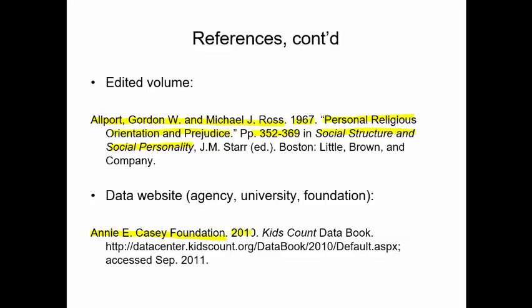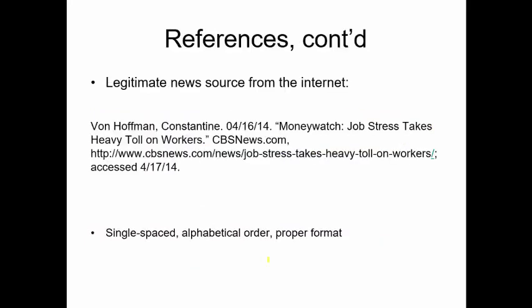But once again, the year that information was published on that website, the title of that page, and then this is the only place where you'll actually need a web link, because you will not need a web link for your peer-reviewed academic journal because it's located in the library database. We will not need a web link for that. But if you are coming straight from a legitimate website, then you would put when you accessed it there at the end of it as well.